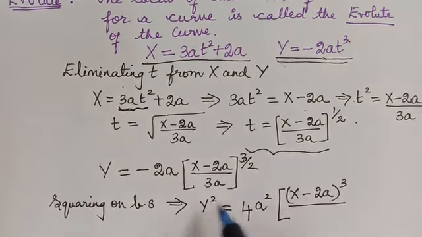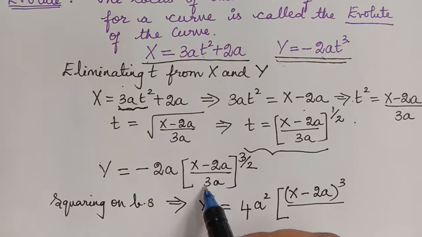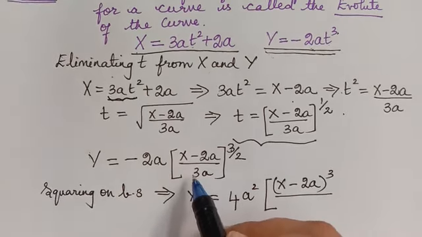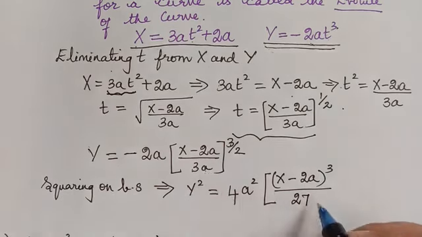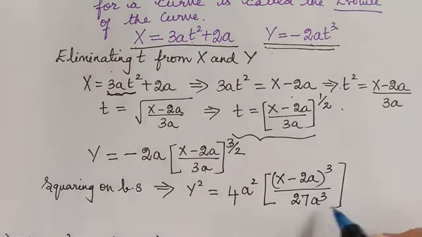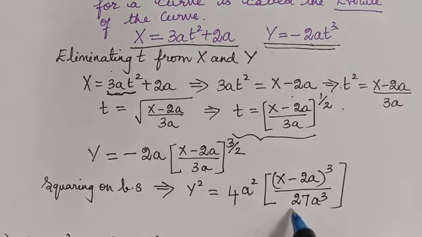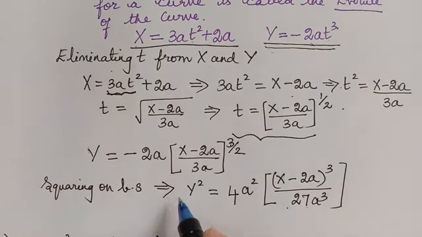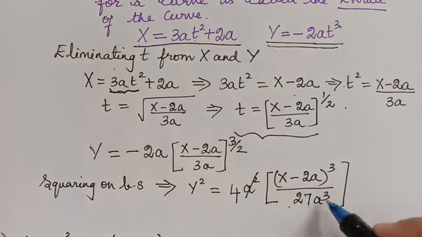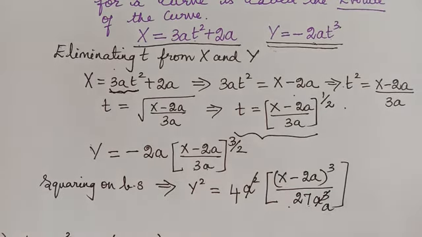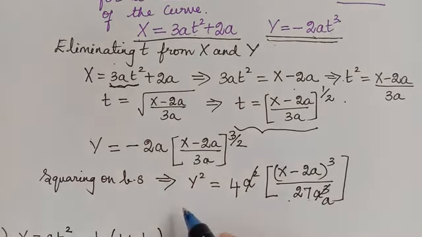What is the cube of 3? 3 multiplied by 3 multiplied by 3 is 27, and the cube of a is a cube. Before taking 27a cube to the left hand side, we will cancel this a squared, and here we will have 1a. So we will take 27a to the left.